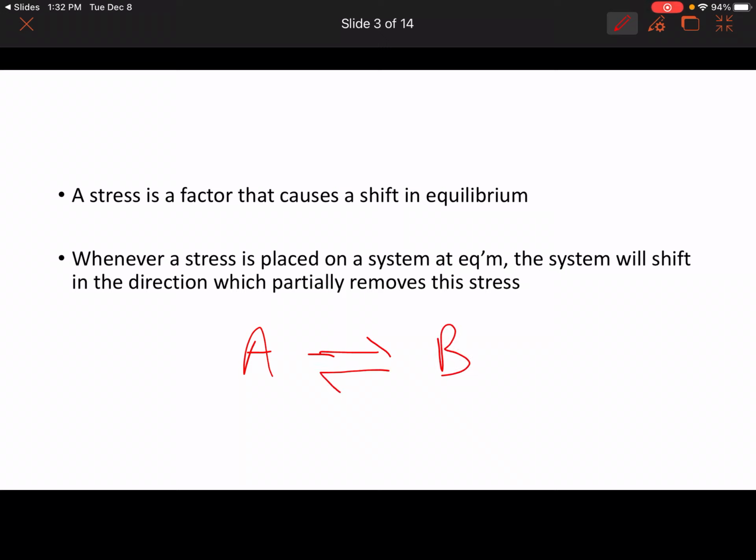I'm just going to show A is in equilibrium with B. When we have a stress, it's going to either shift to the right or shift to the left to change the equilibrium. Now, remember, we've got our Q, which is our products over reactants. So we know that equilibrium moves, right? Q is a measure of products over reactants, so those concentrations can change.